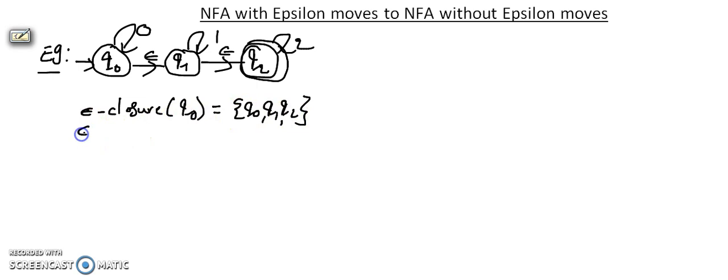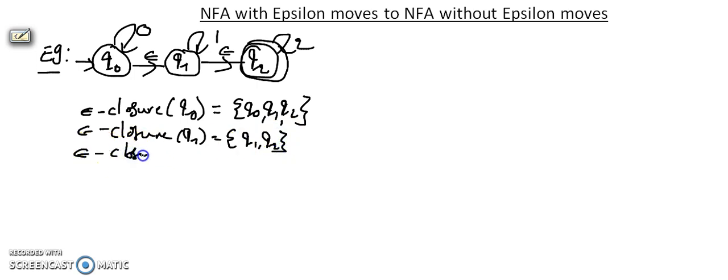E closure of Q1 equal to Q1, Q2. E closure of Q2 equal to Q2 only. These three are E closures.